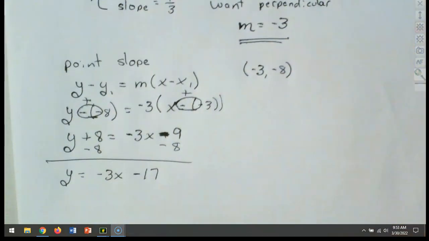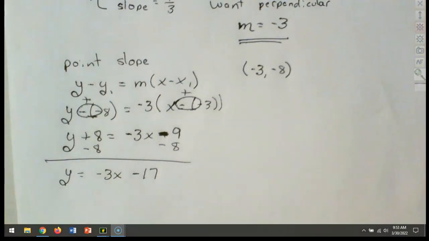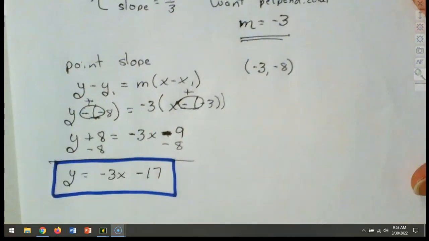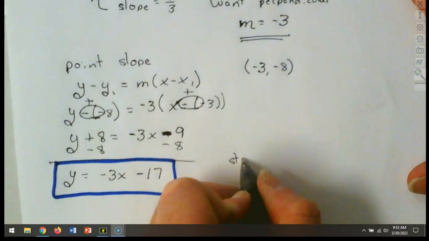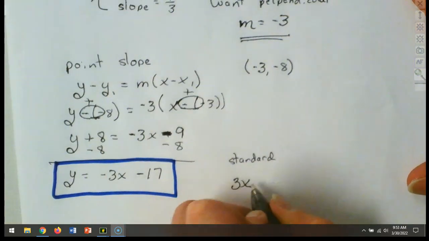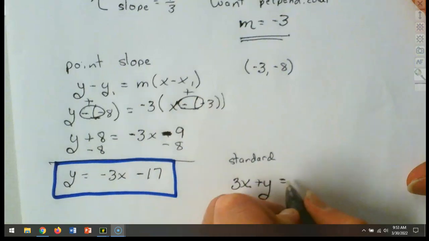And that should be in slope-intercept. How do we get it in standard? Very simple. To get it in standard, all we have to do is move that 3x over. So in standard, it looks like it's going to be 3x plus y equals negative 17.